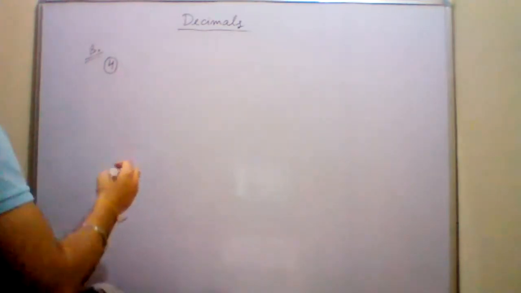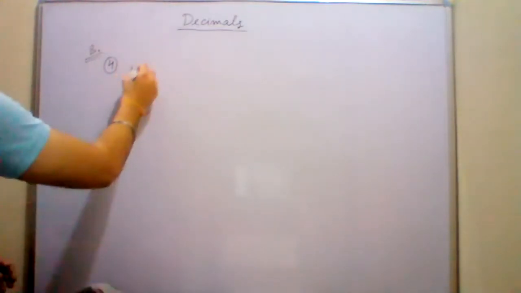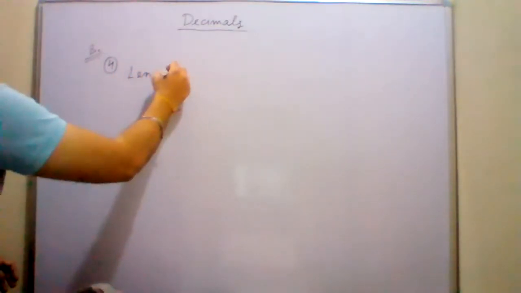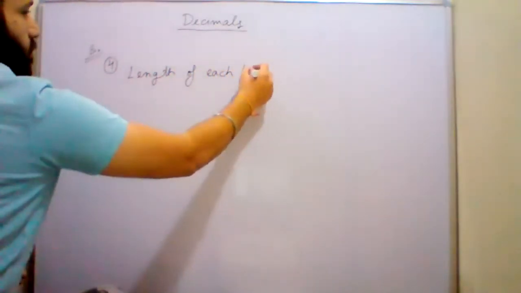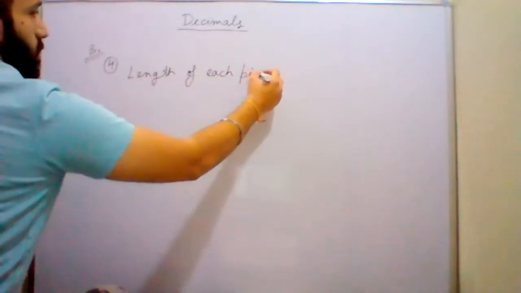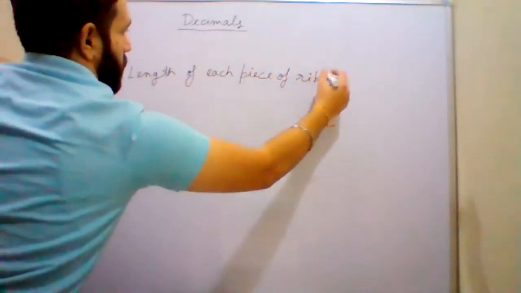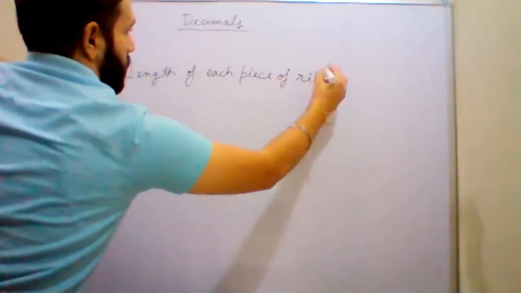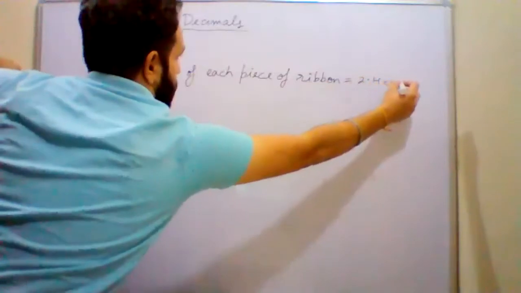Question 4. You need 20 pieces of ribbon, each of length 2.4 centimeters. So the length of each piece of ribbon should be 2.4 centimeters.